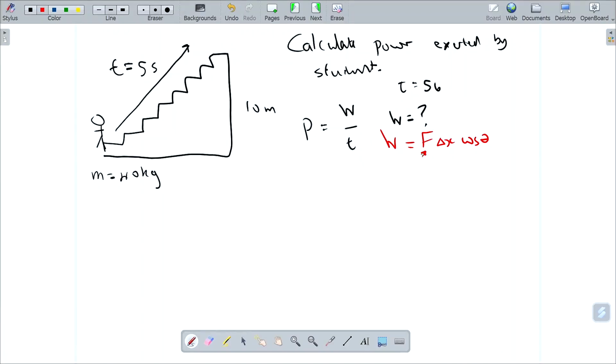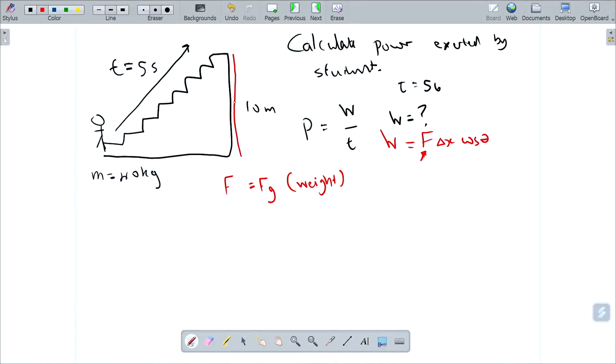Now, very importantly, what is this force that's acting in this example? You guessed right. The force in this case is equal to the force of gravity, or the weight of the student.